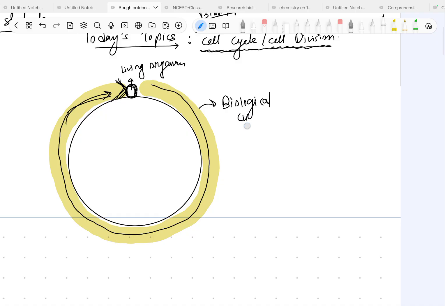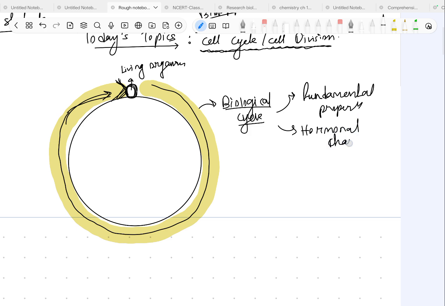In this biological cycle there are many types of changes that occur. There is a change in fundamental properties, hormonal change, and synthesis. Many biosynthesis takes place. Biosynthesis, let me write the name.